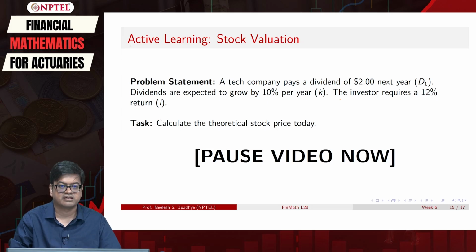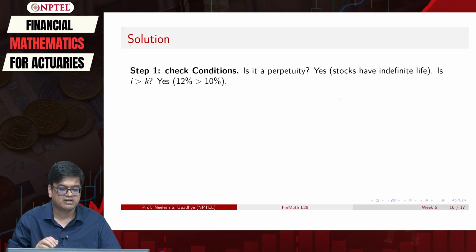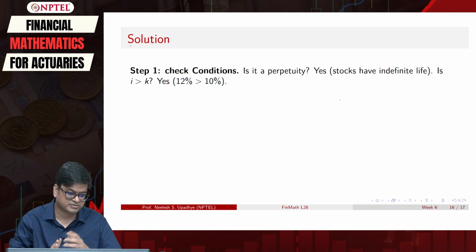Okay, welcome back. You must have tried it; it is a simple application of one formula, but before doing that, you have to check the conditions, whether I will get a finite value or not. So, is it a perpetuity? Yes, because stocks have indefinite life. Is my I greater than k?